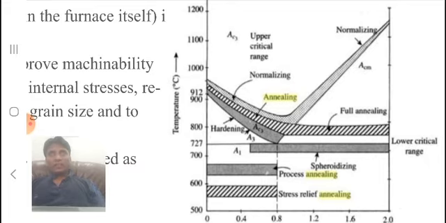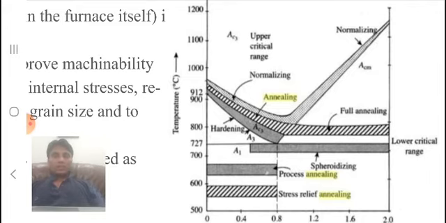In hypoeutectoid steels, the resulting microstructure is ferrite plus pearlite in the matrix of ferrite. And in the hypereutectoid steels, what we get is pearlite plus cementite, and the cementite is in the form of a network across the grain boundaries.